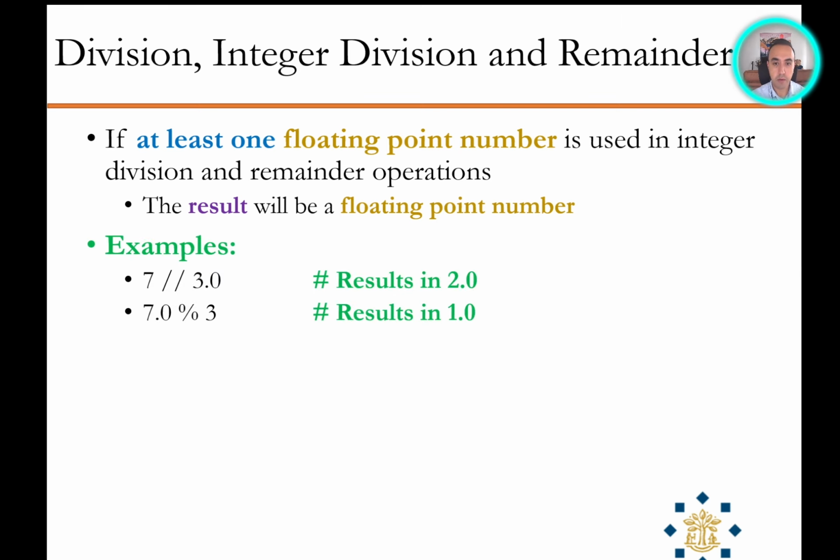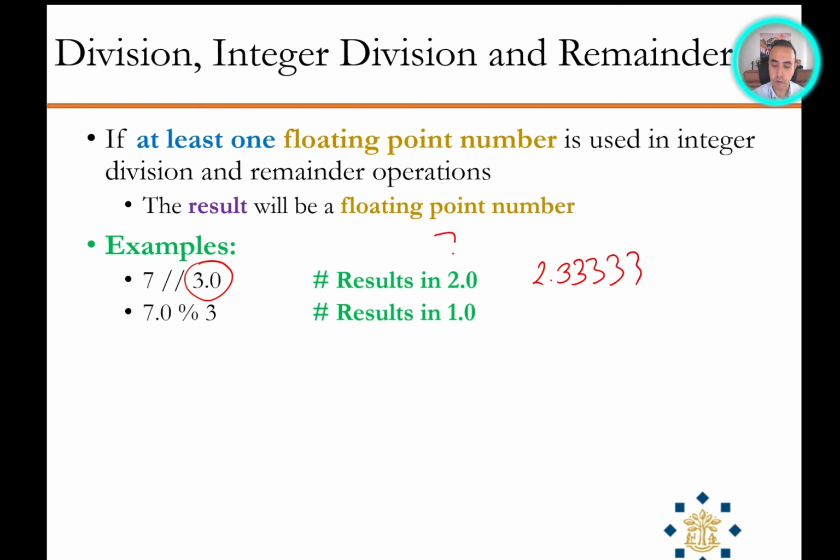Okay, so we have a couple of examples. So we have 7 integer division 3.0. The integer division result will be 2.0 because we have 3.0 here. And since this is integer division, it's going to be either 2 or 2.0. So it's not 2.333. That's what 7 by 3 is.